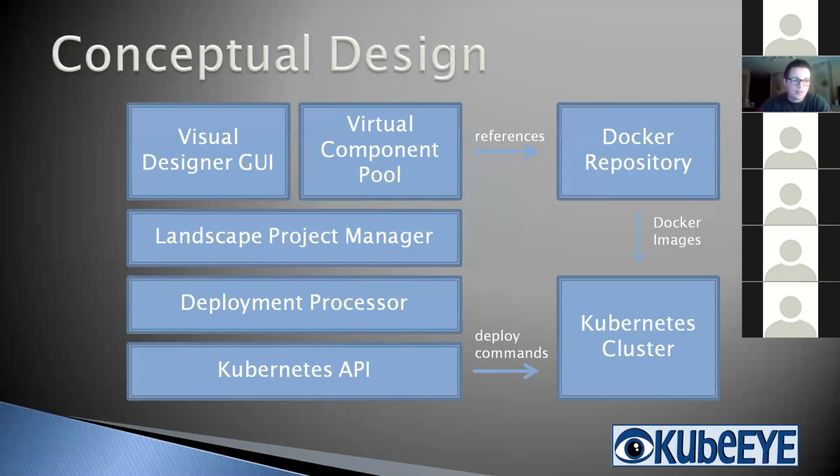And behind that, there is the deployment processor, which converts the diagrams into deploy commands and sends them to the Kubernetes cluster via its API. And finally, Kubernetes loads the Docker images referenced by the virtual components from the repository to build up the landscape which was drawn in the diagram.